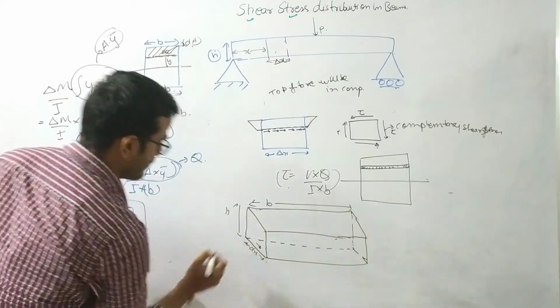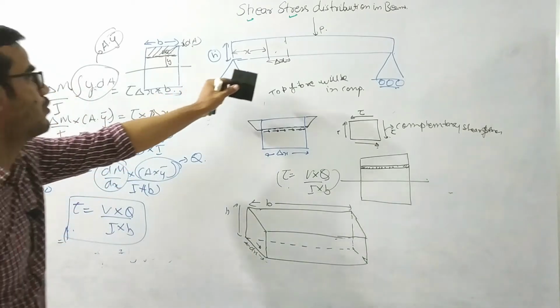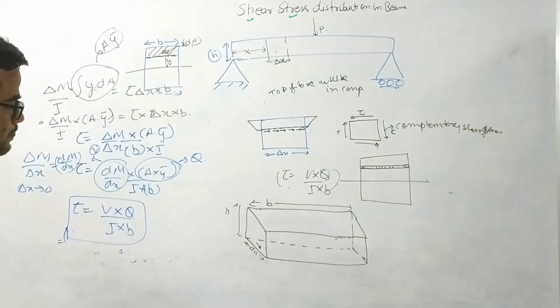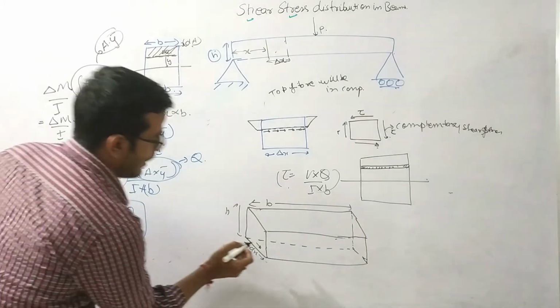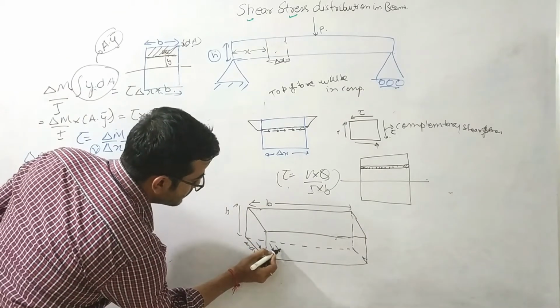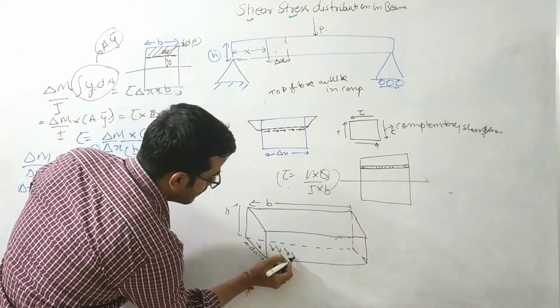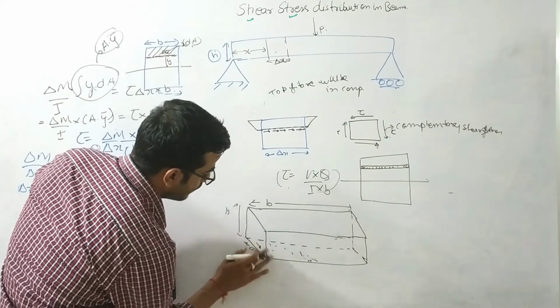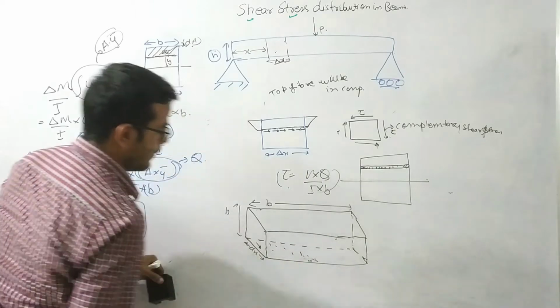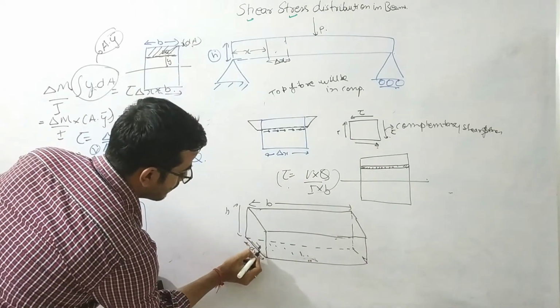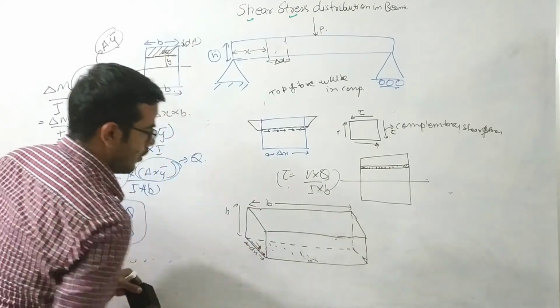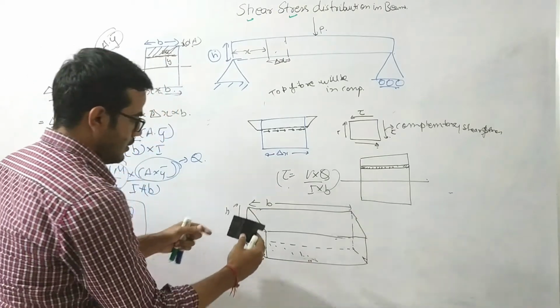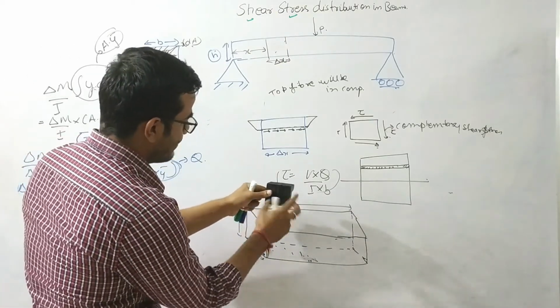This is the dx, which we have taken from here. Along this dx length, I am getting some shear forces in this direction. This is in the horizontal plane. Horizontal plane means what? This is the dx element.